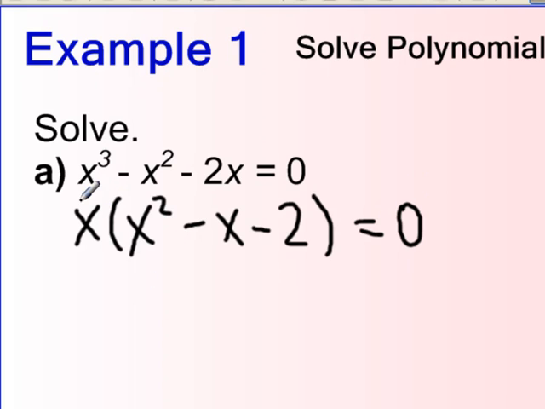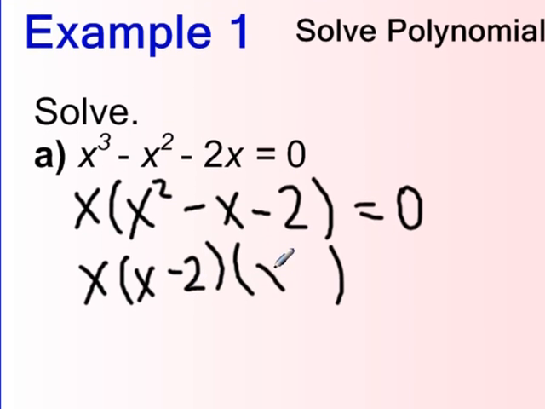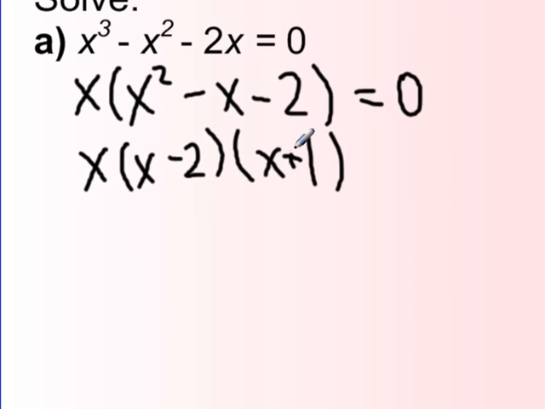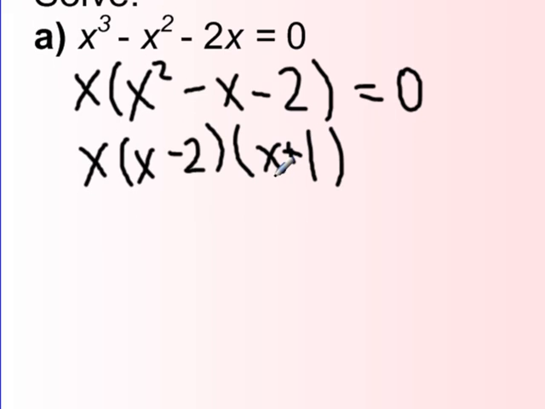So if I pull out a factor of x, I'm left with x squared minus x minus 2. And then I should be able to recognize that I could continue to factor this quadratic using simple trinomial factoring. So I'm looking for two numbers that multiply to negative 2 and add to negative 1, and I think those two numbers are negative 2 and positive 1. So we started by factoring out x first.